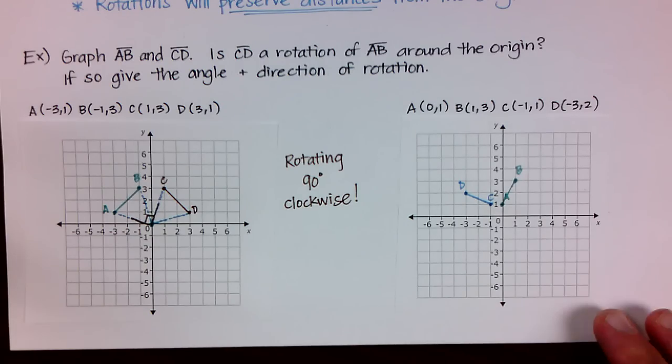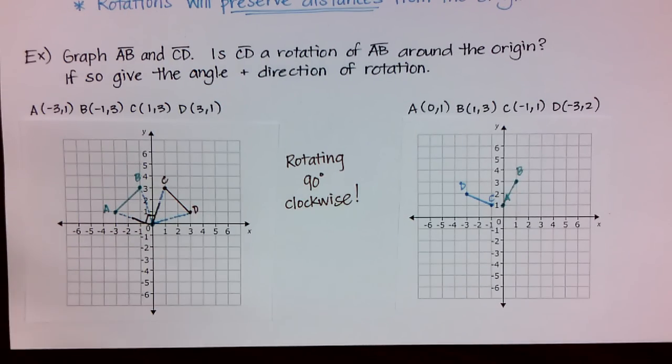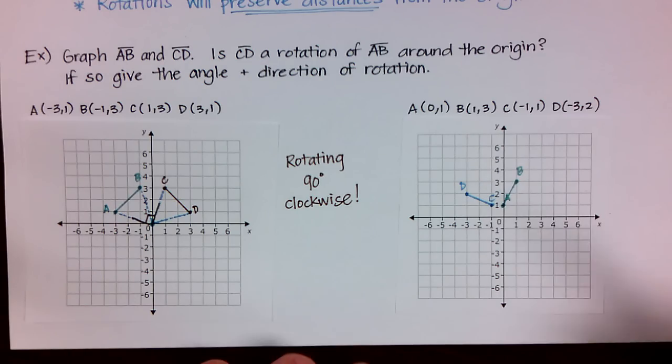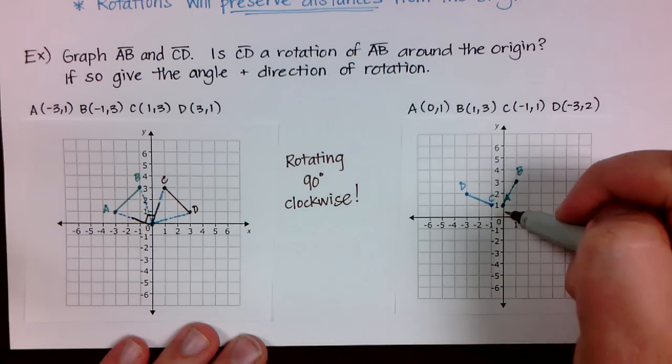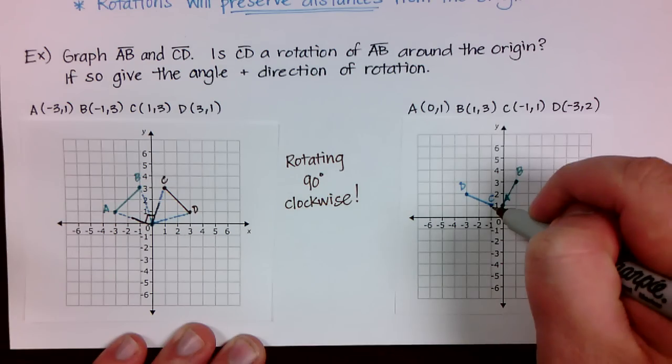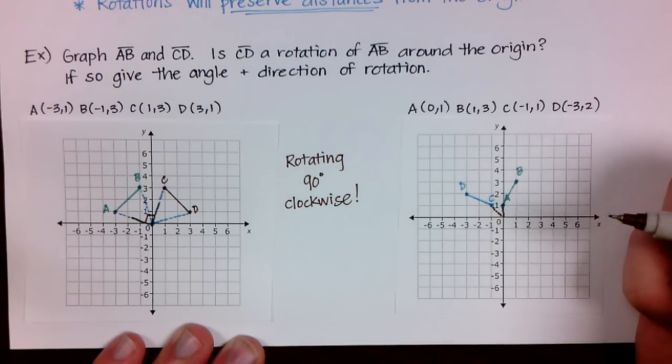Okay. I'm looking here, and it kind of looks like maybe it is a rotation going in the counterclockwise direction. So let's check out those distances and see if the distances were preserved. A going to the origin, and then C going to the origin, those don't necessarily match.